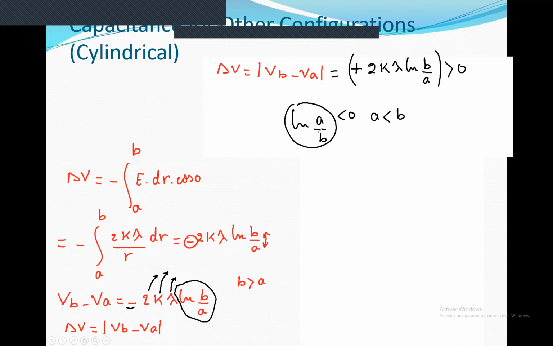So we have to change between A and B to get a positive value of delta V.